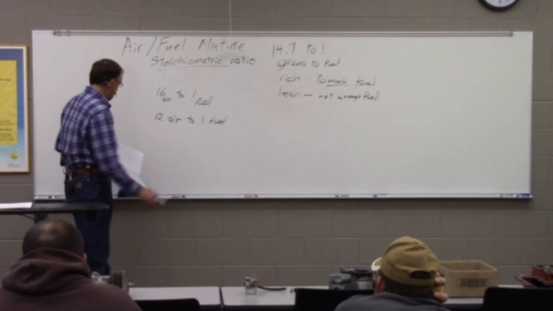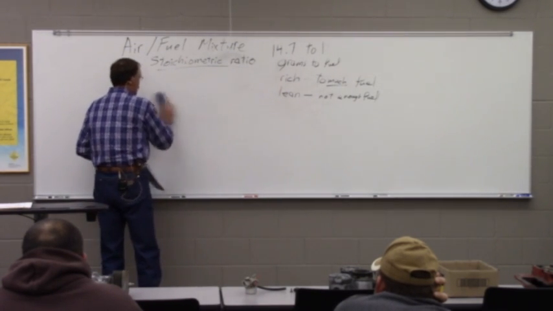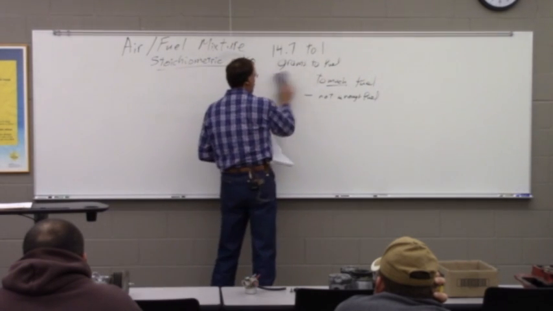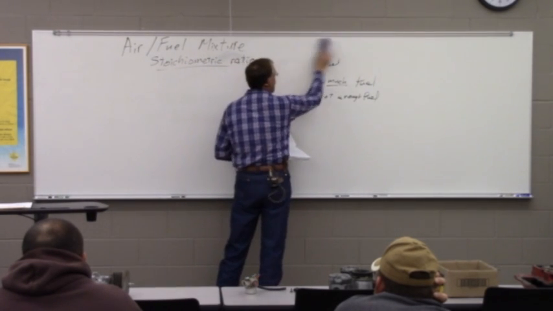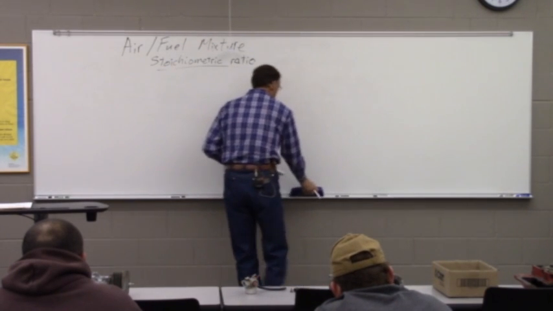So that's just a little sketch of why we're trying to get things to balance, because we want to make good power but not have a bunch of the undesirable side effects.